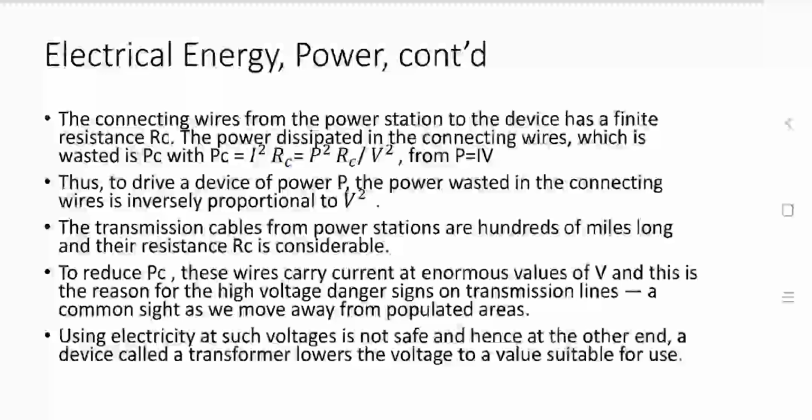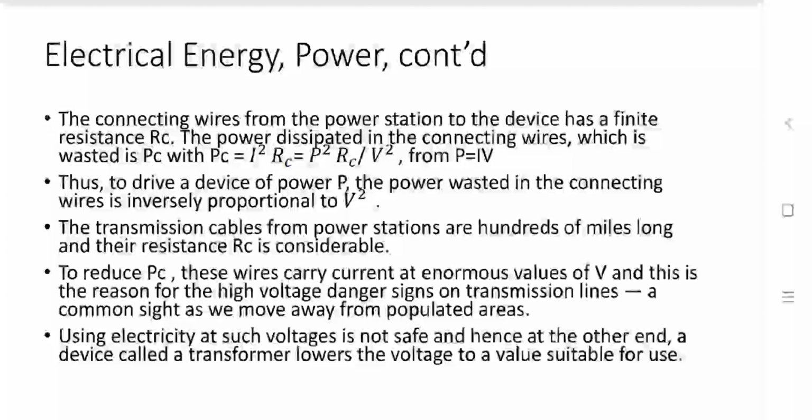Using electricity as such, a voltage is not safe at a higher value. At the other end, at our home, higher energy and higher voltage are carried through the transmission line, but that much higher energy is not required at our home. So what are we using? A transformer, a step-down transformer.